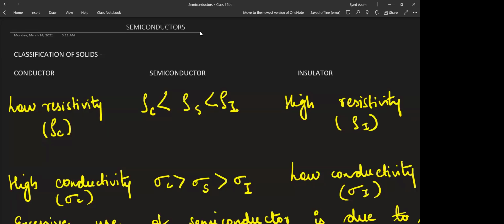This is not mentioned in the notes. Write this also. Just make the chapter Semiconductors, write Classification of Solids, and make the headings for conductor, semiconductor, and insulator.